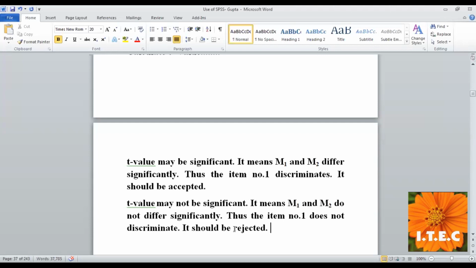Is it clear, or do you want to ask some question? If it is clear, then I'm going ahead with how to calculate discrimination and difficulty index in case of a test. So any question you want to ask?